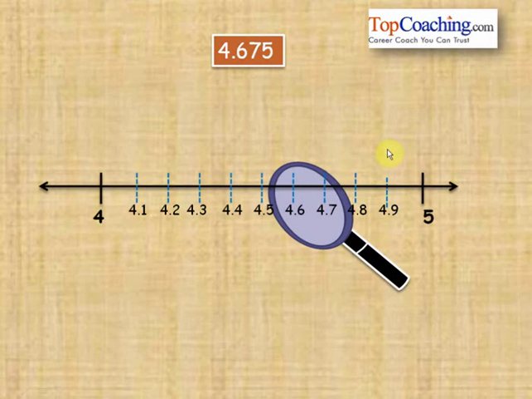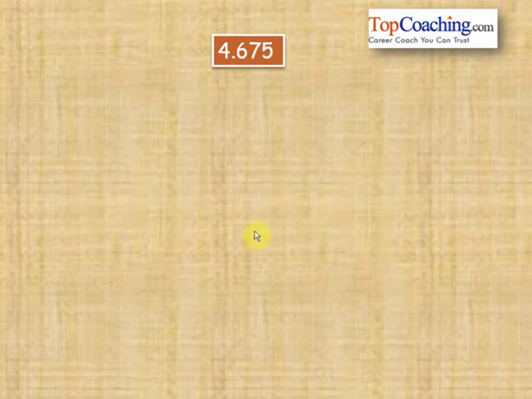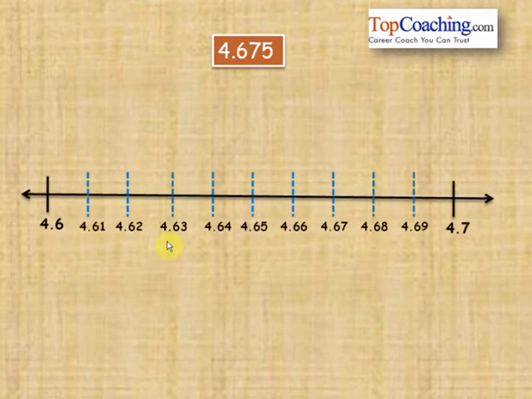Now again we consider this space as 4.6 and 4.7 and divide this entire segment into 10 equal parts. So this would represent 4.61, this would represent 4.62, 4.63, 4.64, this would be 4.65, 4.66, 4.67, 4.68, 4.69 and finally 4.7.